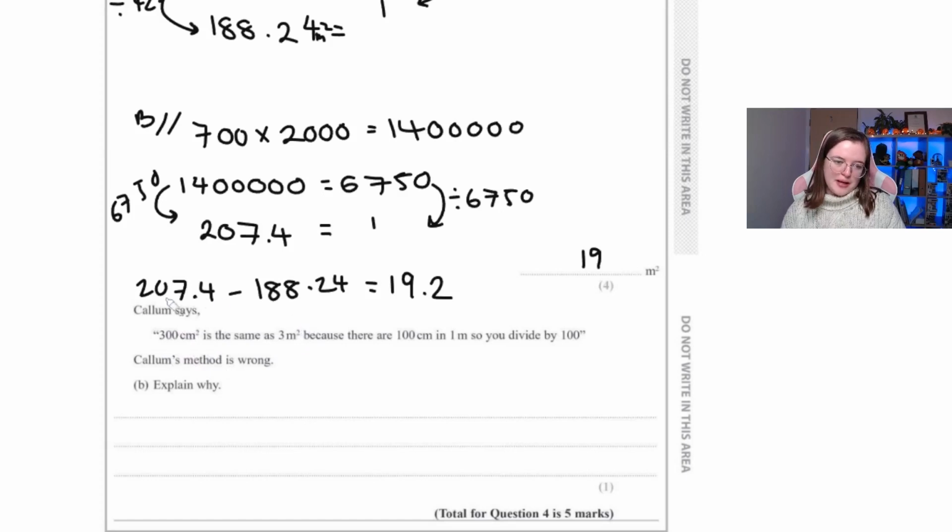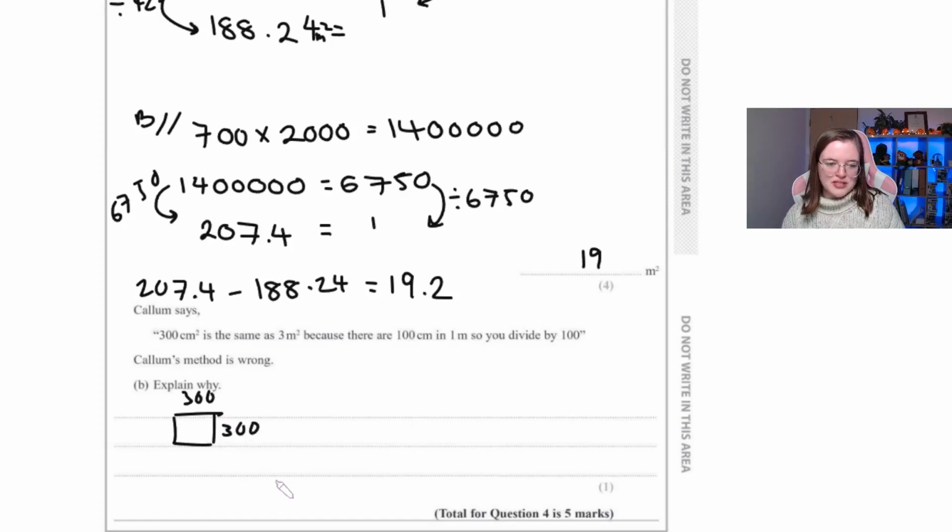So, because technically 300 centimeters squared is 300 by 300, right, in an area. So 300 by 300 to make a little box, which if I draw it in a nice orientation, we have this box here, 300 by 300.